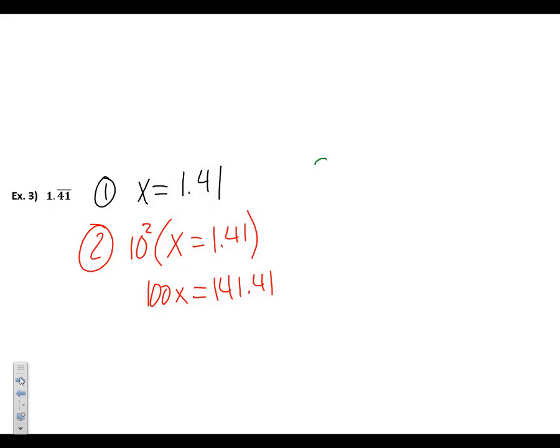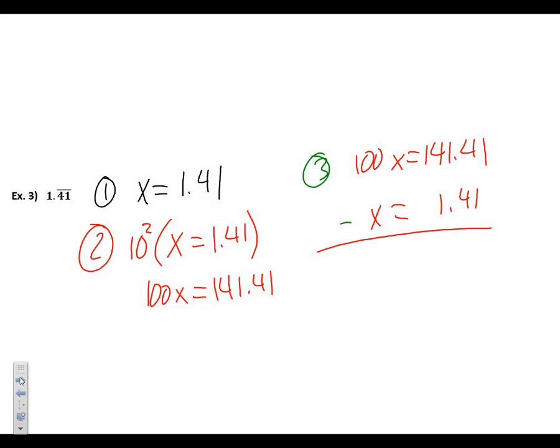Step 3, we're going to take our new equation, 100x equals 141.41 repeating, and we're going to subtract the original, x equals 1.41 repeating. And we get 99x equals 140.